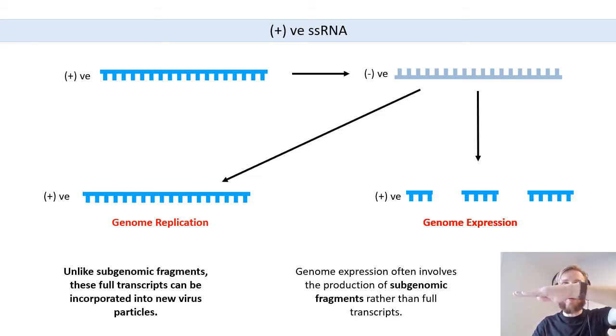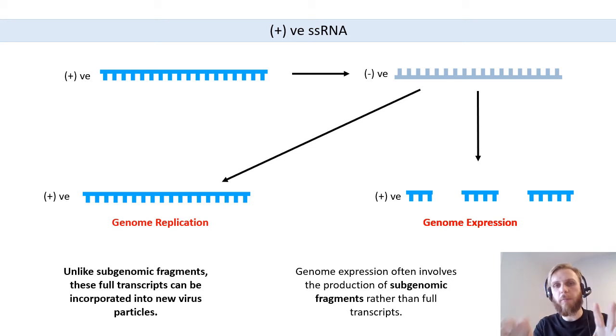So they start off with a positive sense strand, then they produce a negative sense complementary strand, then they produce a positive sense strand that is complementary to that negative sense intermediate. And we've said this positive sense strand can be translated into protein, or it can be packaged into the virus particle. And this is what happens for poliovirus and some other positive sense single-stranded RNAs, and that's absolutely fine.